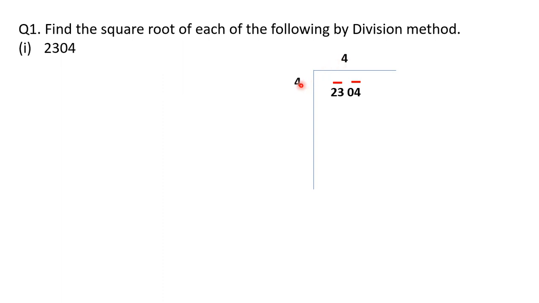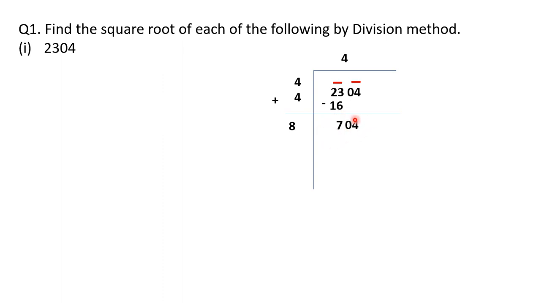So 4 into 4 is equal to 16. Now we subtract 23 minus 16, so we get 7. Next, we add this 4 with this 4, so 4 plus 4 becomes 8. Then the next pair of digits 04 comes down, so the number we form is 704.